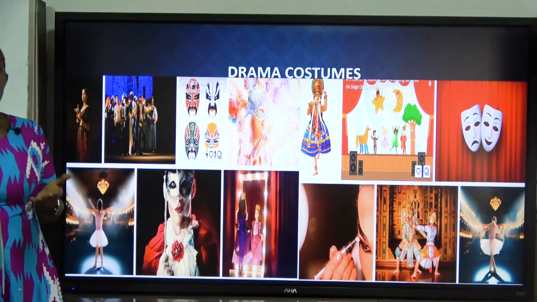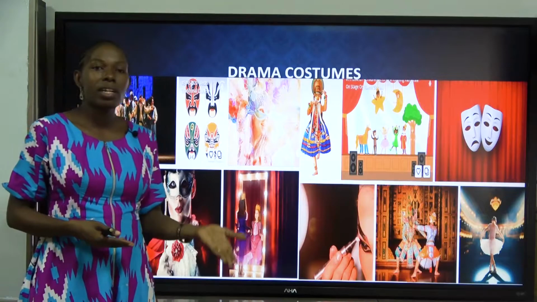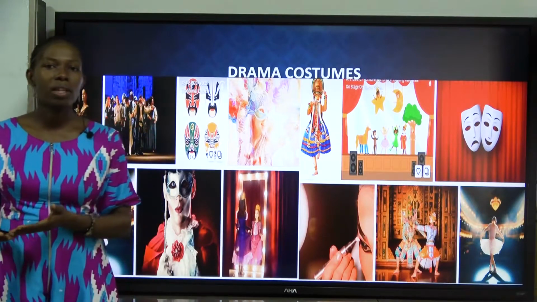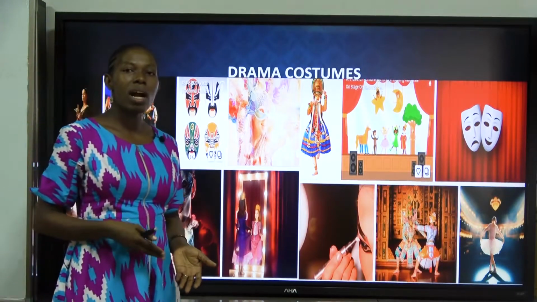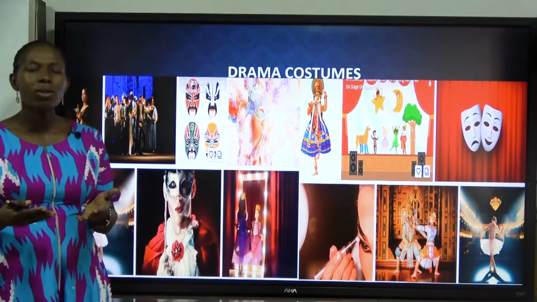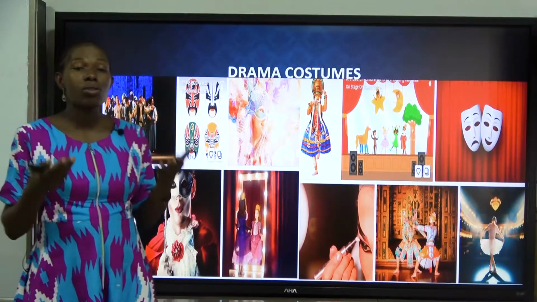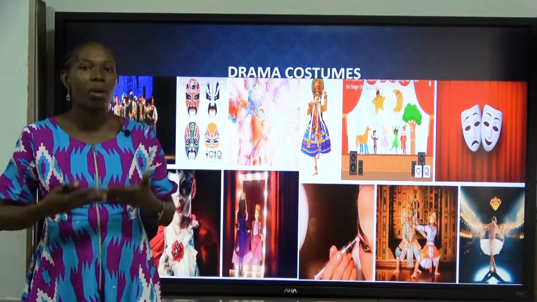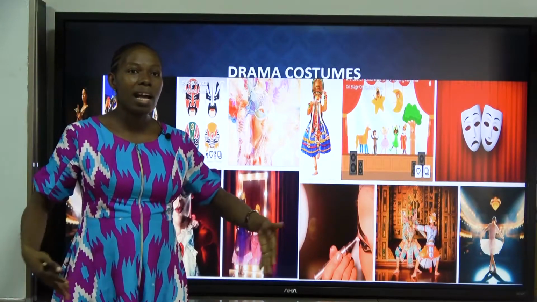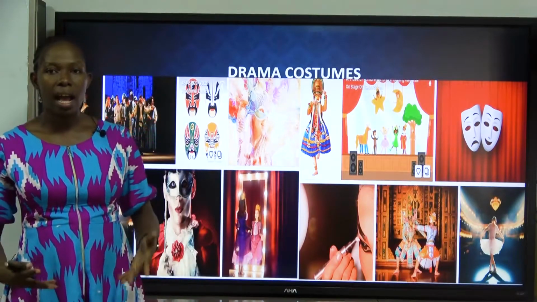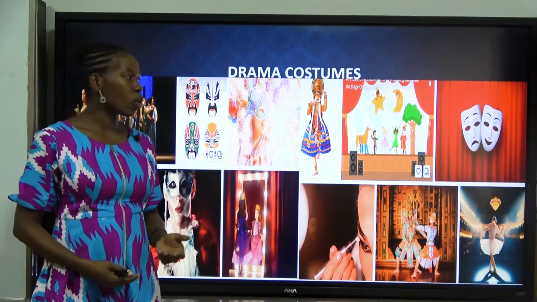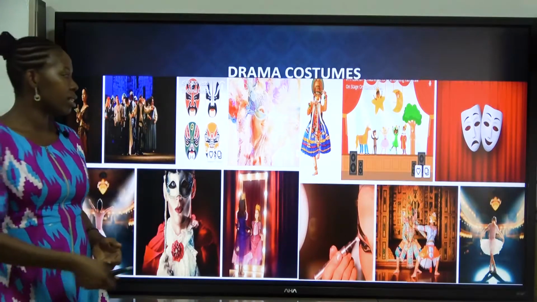There are costumes you wear to look like traditionalists. You can wear costume to look like a modern person. In fact, some people wear costume that make them not look like human beings any longer. They can wear animal costumes and still act. That is why we call them costumes. They are used to represent actions.